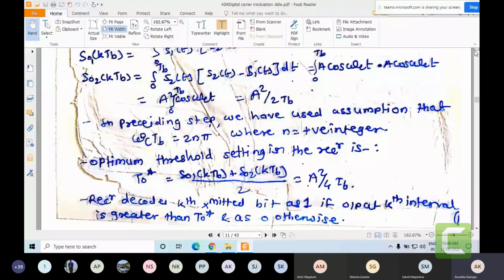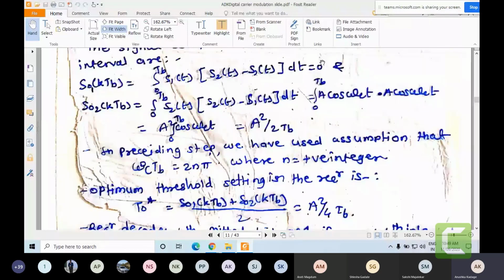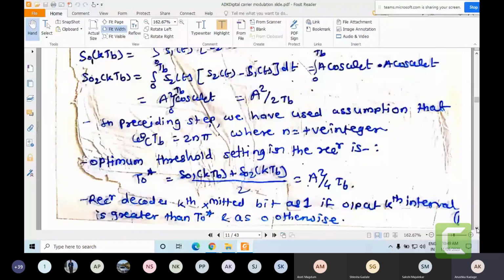And here just now we have derived the S01(kTb) value, which is equal to 0, and the S02(kTb) value as A square divided by 2 Tb. So let's put those two values over here. So 0 plus A square divided by 2 Tb, and initially in the denominator for averaging, 2 is there. So because of that, in the denominator the 4 will occur. So the value will become A square divided by 4 Tb for the optimum threshold of the ASK coherent receiver.